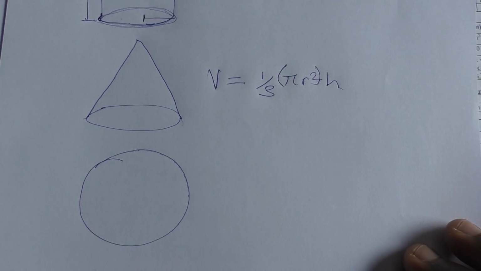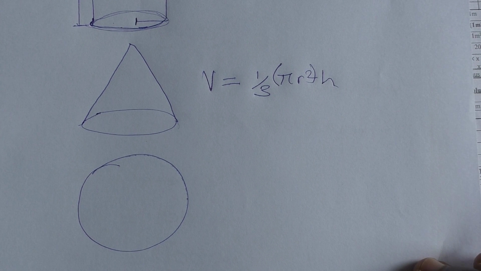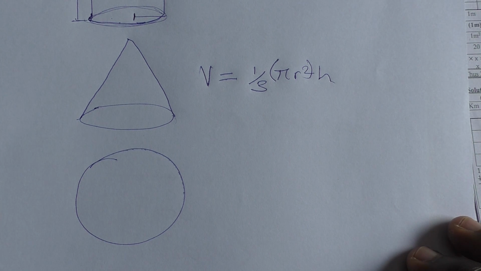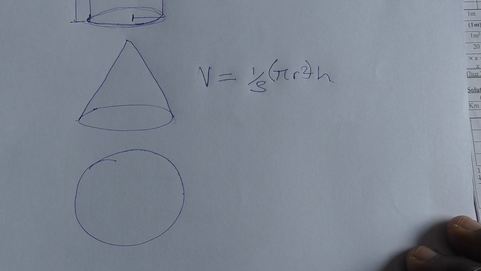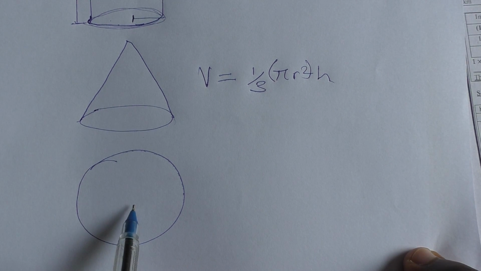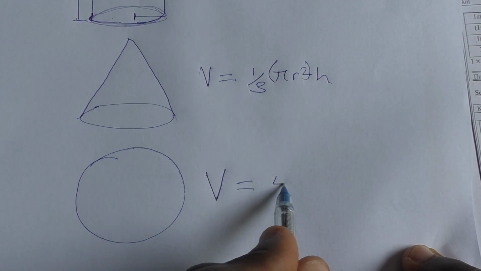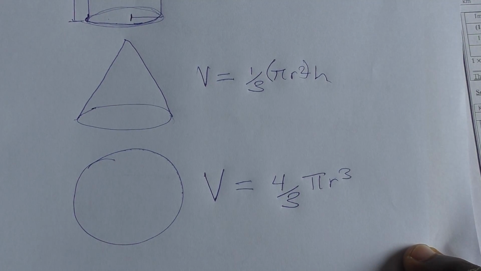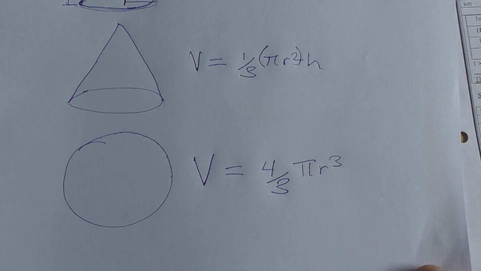A sphere is similar to a circle. The only difference is that a circle is two-dimensional, whereas a sphere is three-dimensional. So the volume of a sphere is given by 4 over 3 pi r cubed. That is the volume of a sphere.